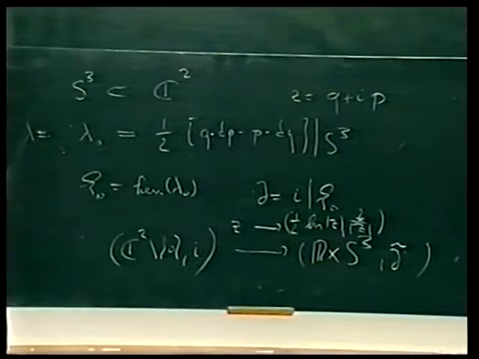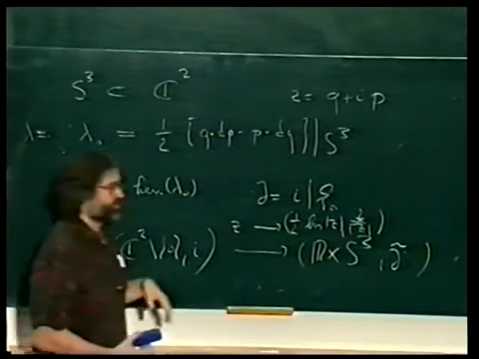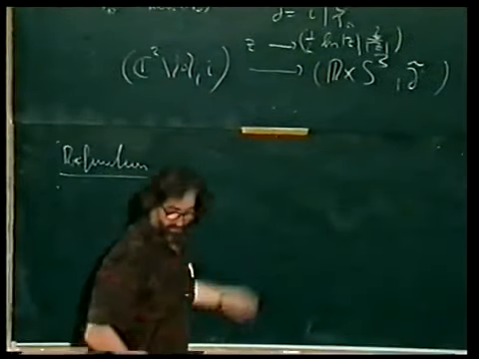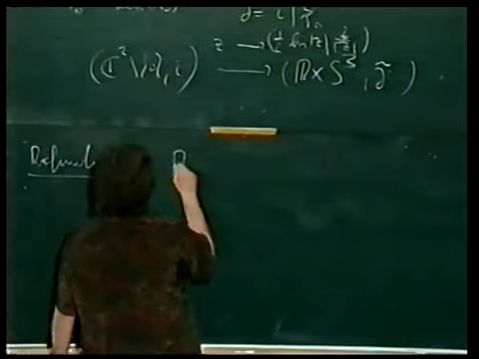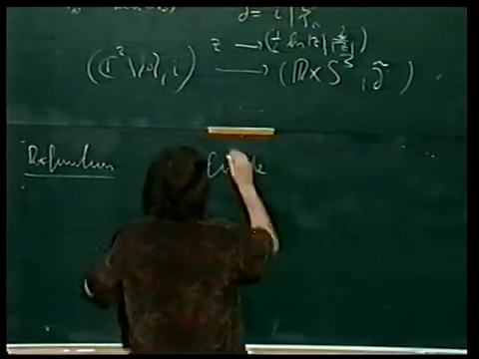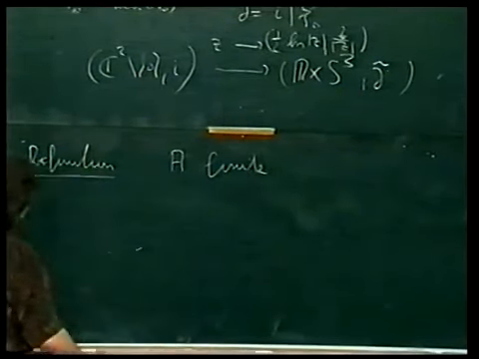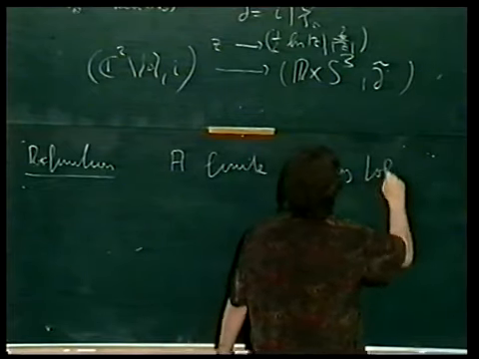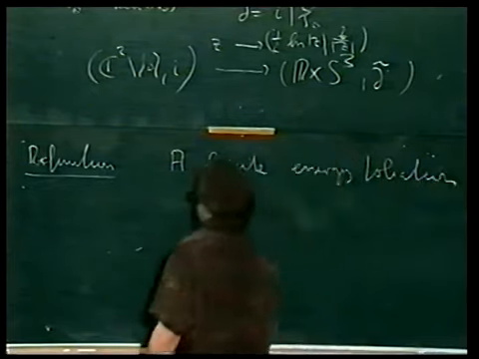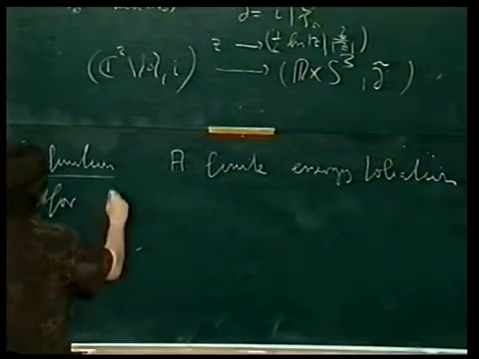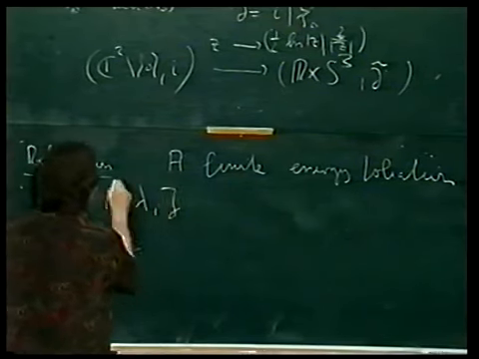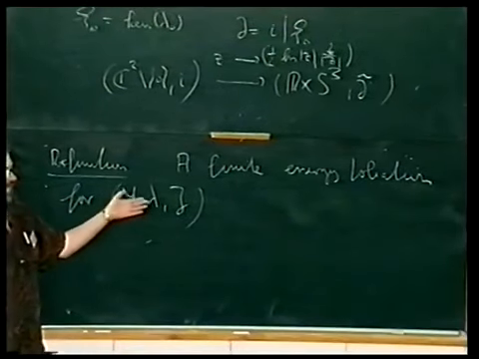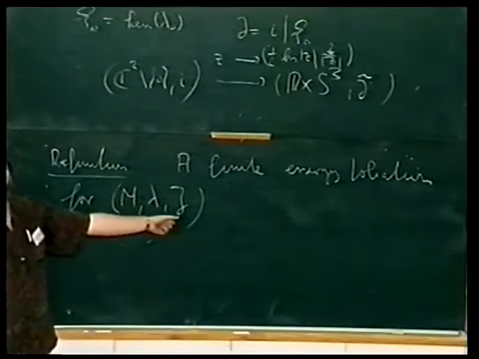So now we have a foliation in this particular situation. Is it possible to deform this? So let's make a definition of what we are looking for. So I call such surfaces here finite energy surfaces. So a finite energy foliation for M, lambda, J. So what is given is M and lambda. I make a choice J, a complex multiplication.